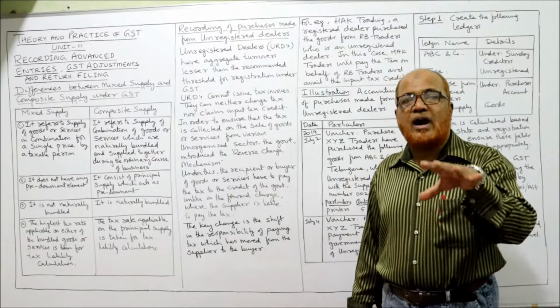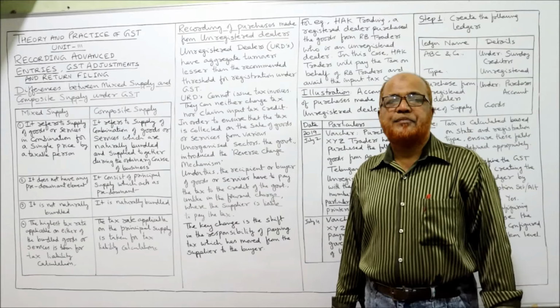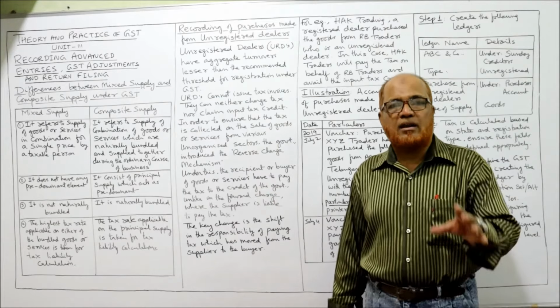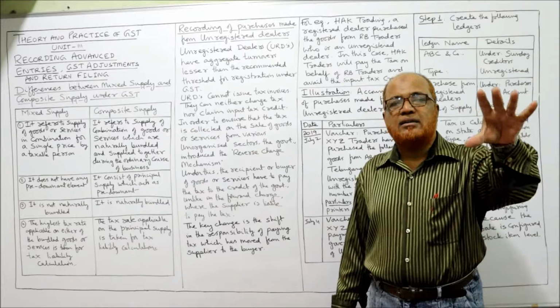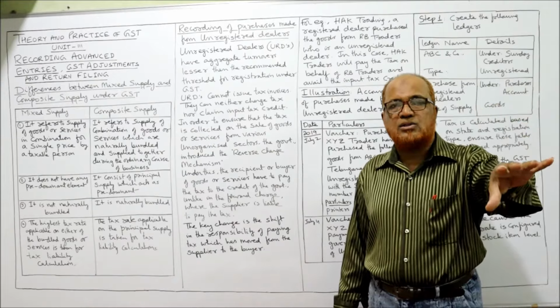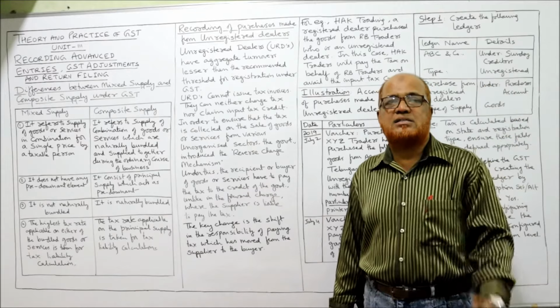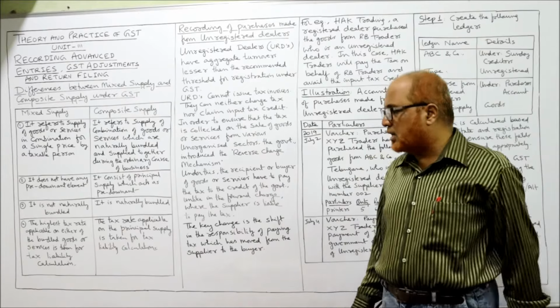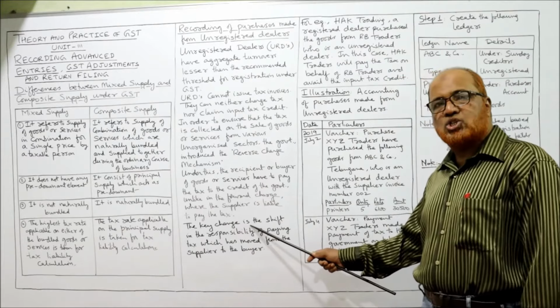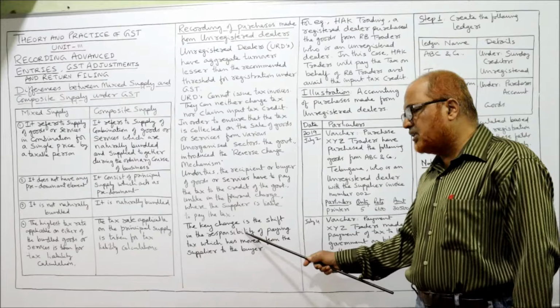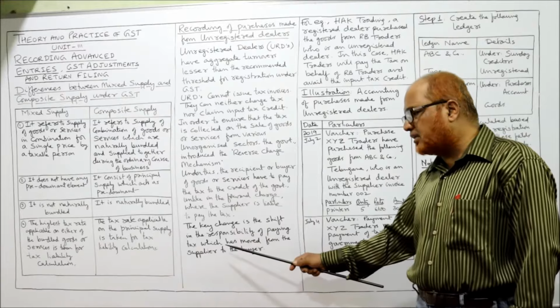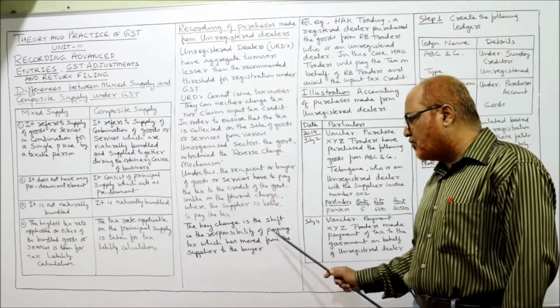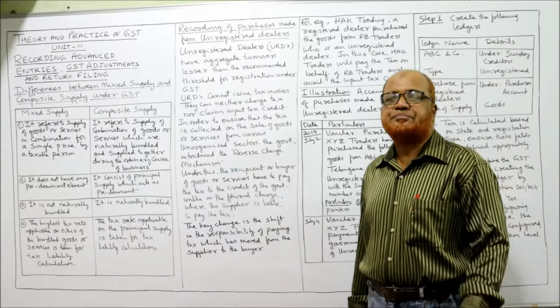But in case of an unregistered dealer, the tax cannot be charged by the unregistered dealer. So the buyer, the recipient, has to pay the tax on behalf of the unregistered dealer to the government. The key change is the shift in the responsibility of paying the tax, which has moved from the supplier to the buyer.